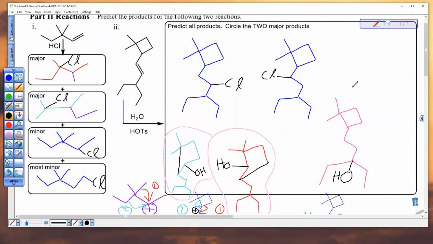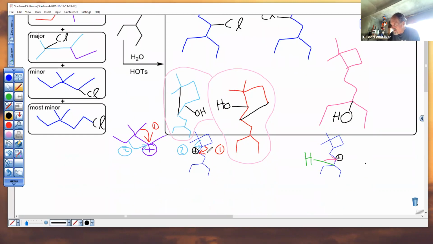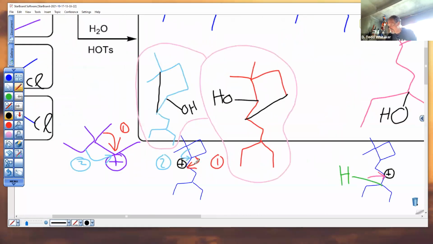But can we predict the number of products besides the two that we usually get from the original cations? Well, remember that if you're looking at the criteria for rearrangements, let's just use this cation here as an example. The bonds you're allowed to break create two products because you're allowed to break that one or that one.